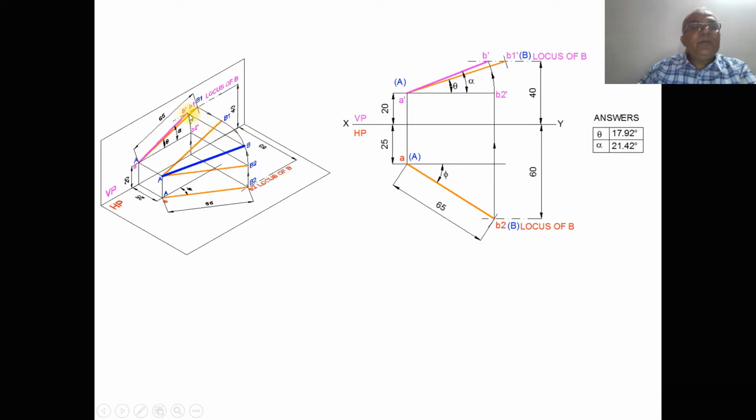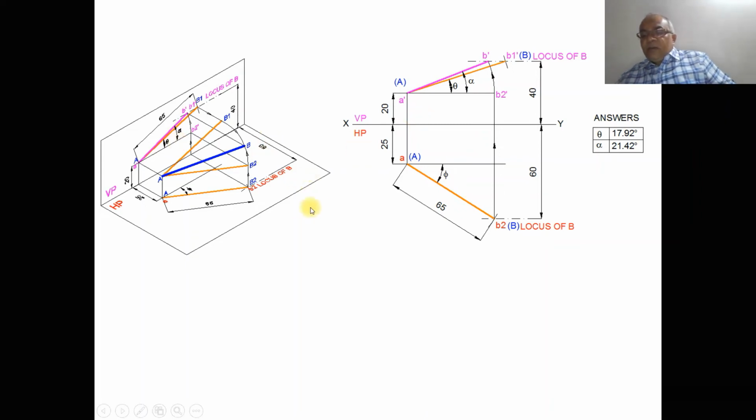Once it is projected, you get this B dash. That means B will be rotated till it is above HP by 40 mm. When it is projected, you get it on the locus of B. Therefore, you get A dash B dash. The apparent inclination made by this with respect to HP is called alpha.